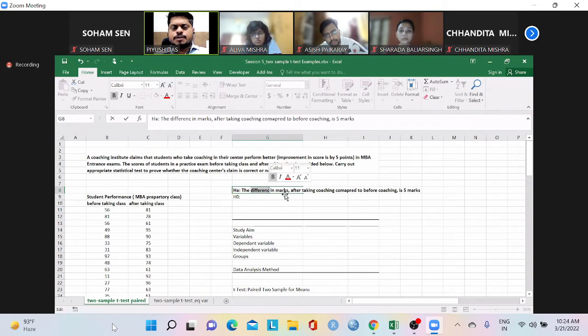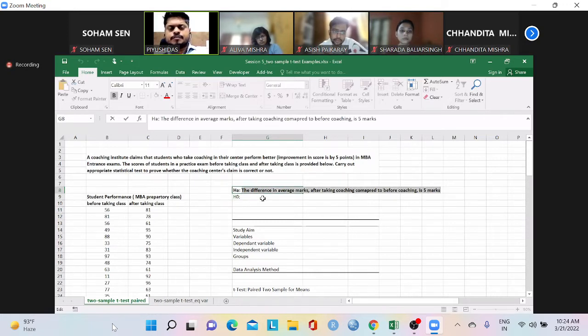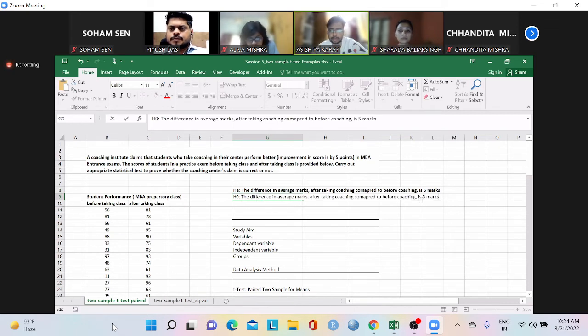So some of you want to write in very specific terms, the difference in average marks scored in entrance. All the details you can write, but simply what I want to prove, whatever is my research objective, is that the difference in marks after taking coaching compared to before coaching is 5 marks. So that is what I want to prove. So what will be my null hypothesis? Equal to or less than.